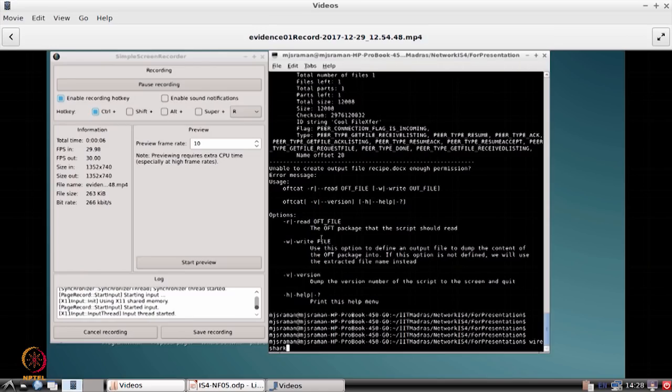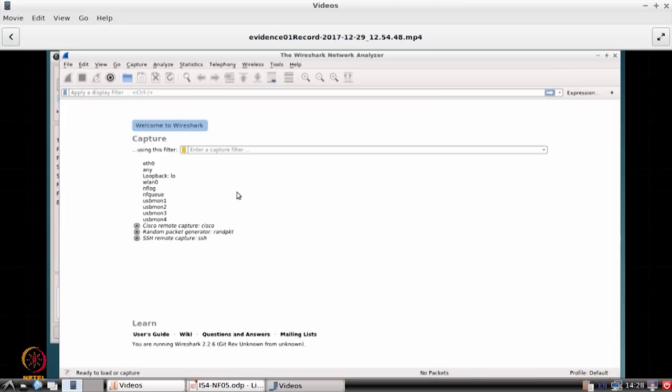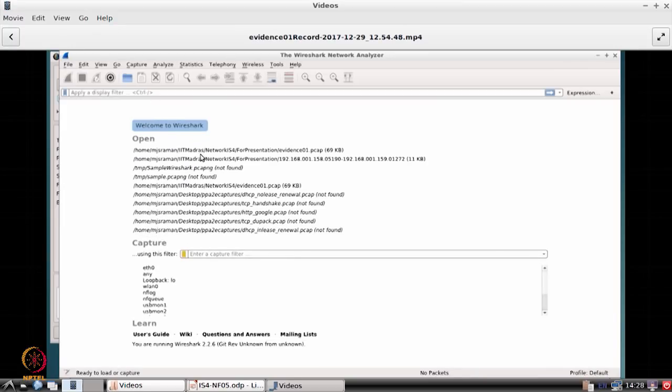The first information that we have is the machine's IP address, and the second is the PCAP packet capture. Using these two, let us see how this problem is solved. We invoke Wireshark and find the evidence file, which is given on the website.